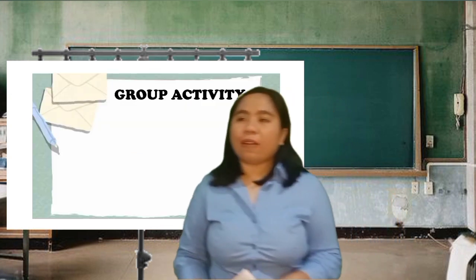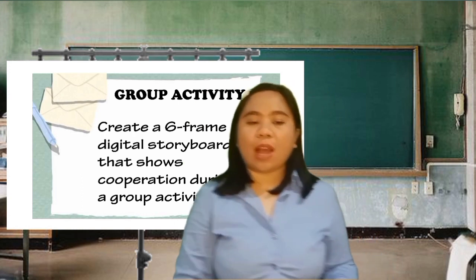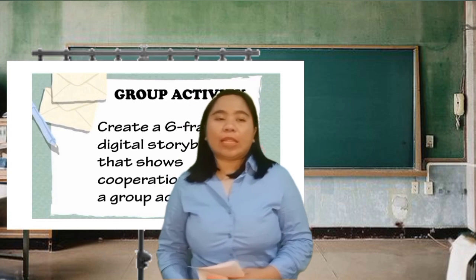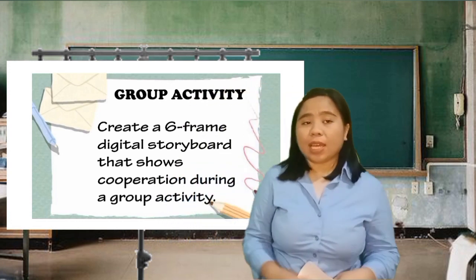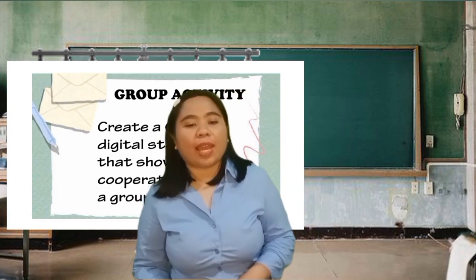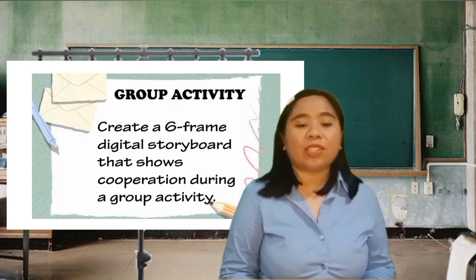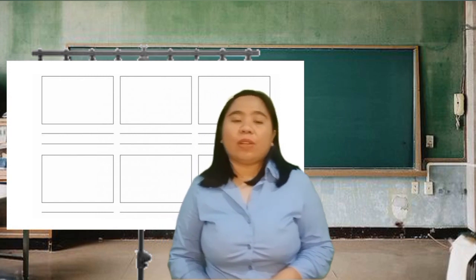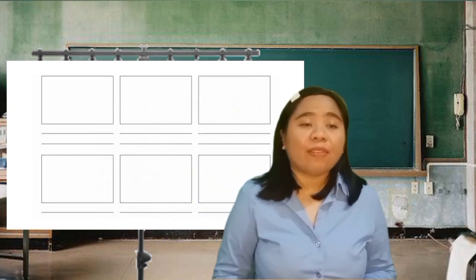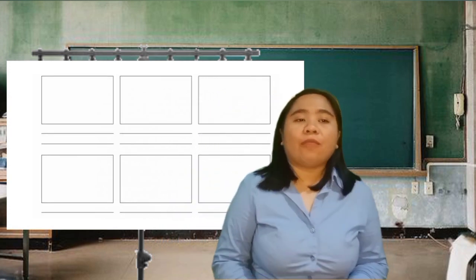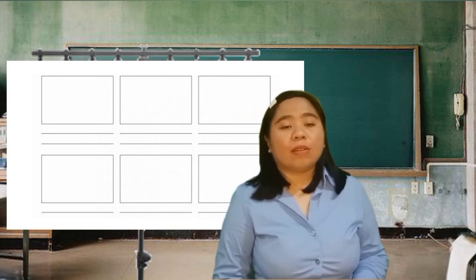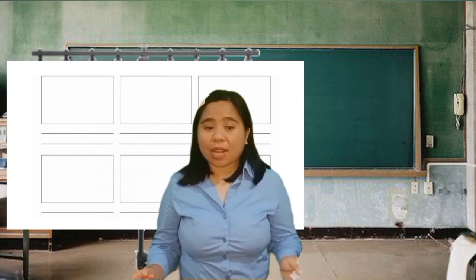So for your group activity, since we are now in our computer laboratory, I will group you into 3 and each group will create a 6-frame digital storyboard. In our computers, we have installed Canva and we will use Canva as our software to create a digital storyboard.